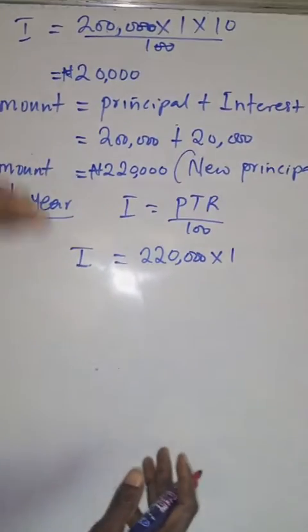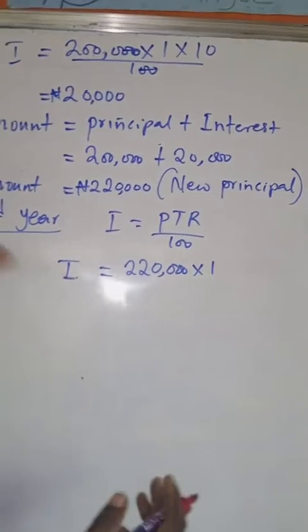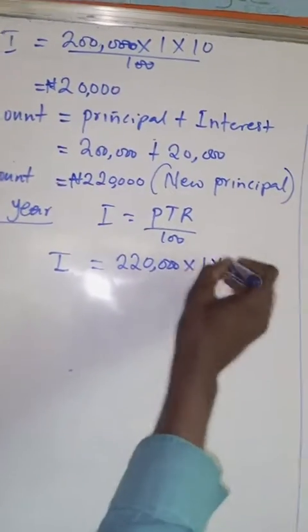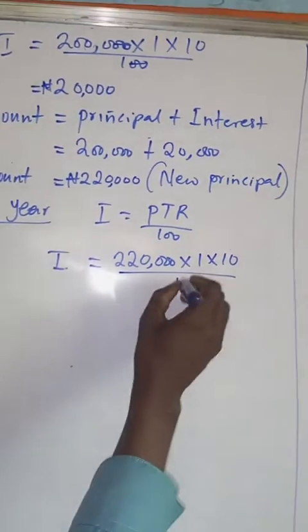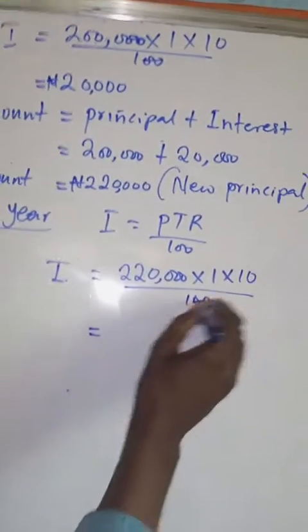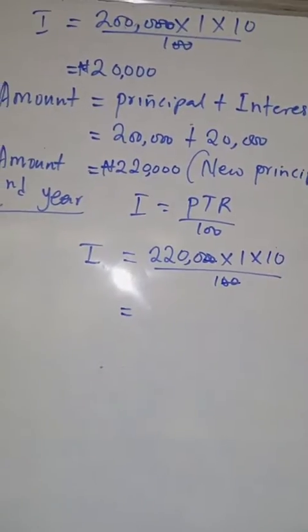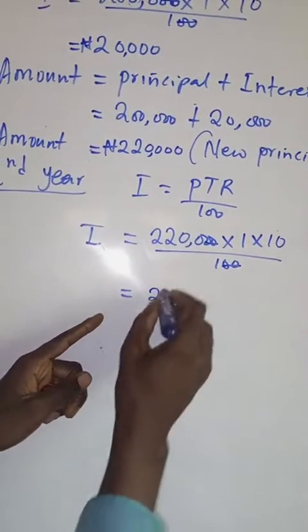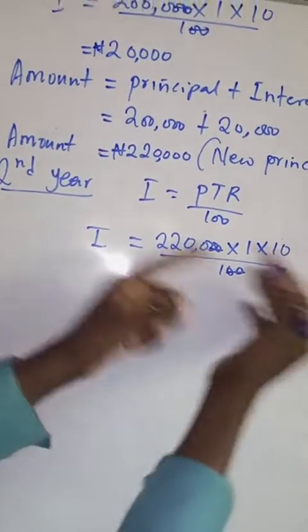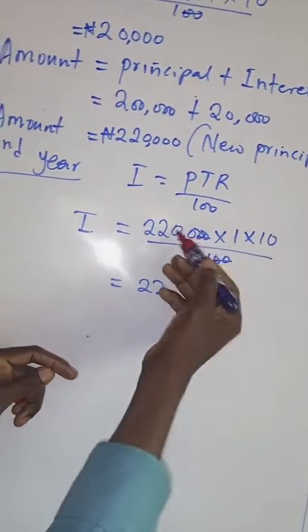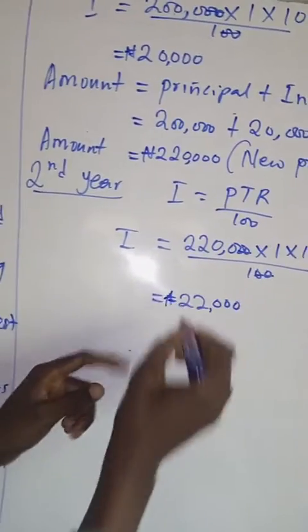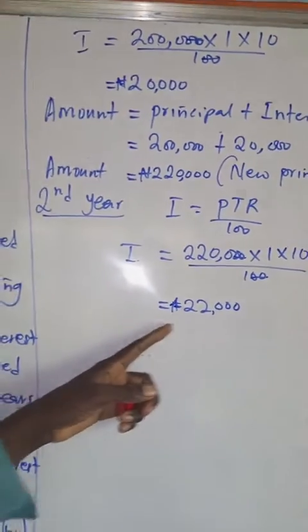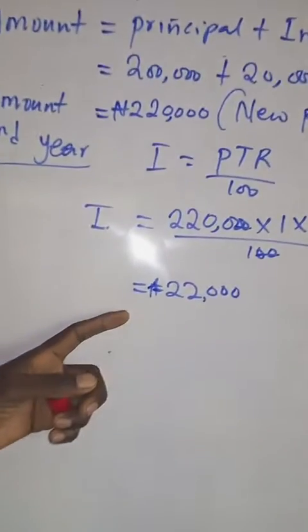This is the first year, this is the second year, but I will use 1 year. Multiply by the rate, which is still 10 all over 100. The 20 cancels this, 1 times 22 remains 22, and counting all the zeros together because it's multiplication, 1, 2, 3. So the new interest is 22,000.